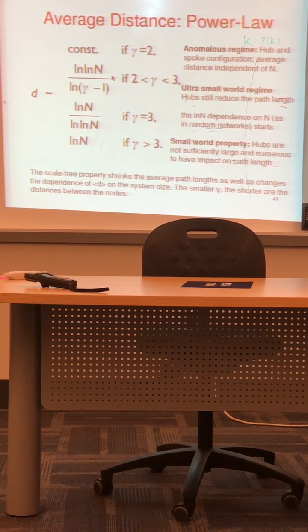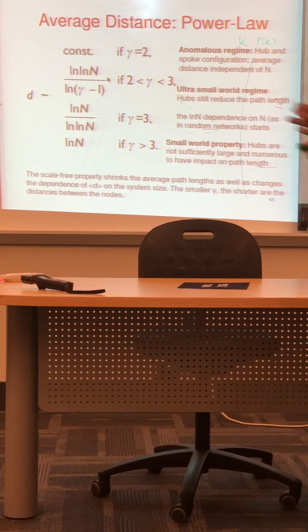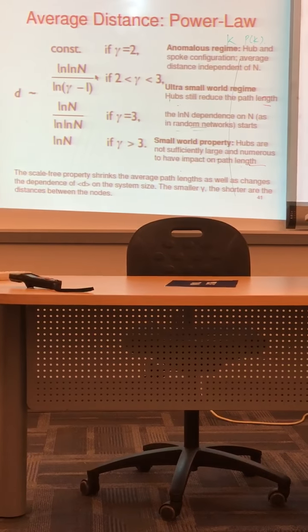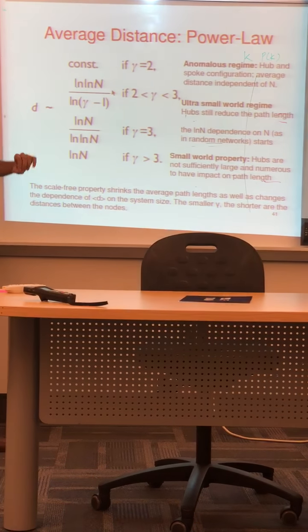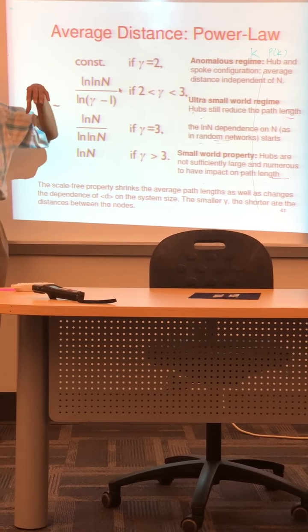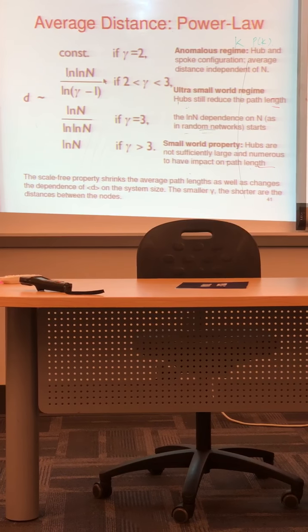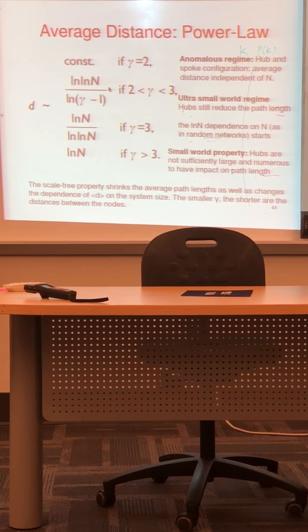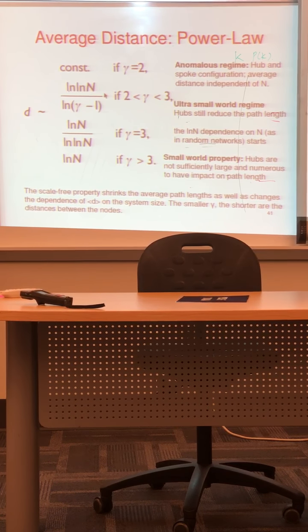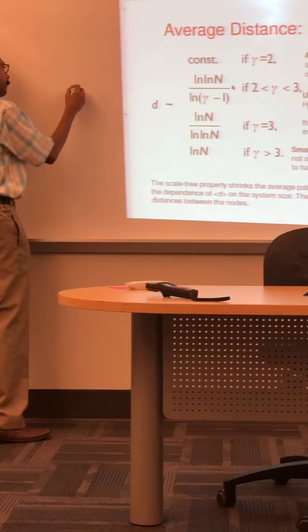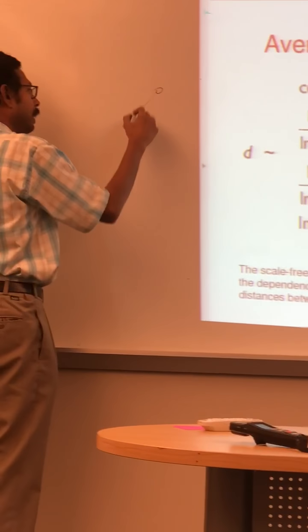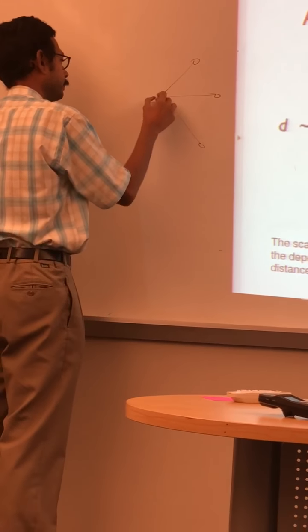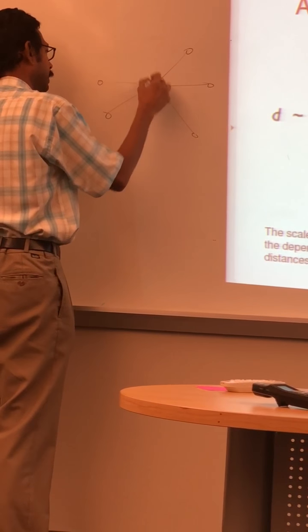Now, as I said, the gamma values can start from 2. If gamma is 2, then it looks like a hub and spoke configuration. What is a hub and spoke configuration? Like a star network, which means you have the hub node in the center and all the other vertices are attached to the hub.